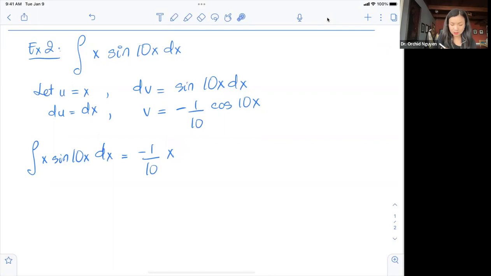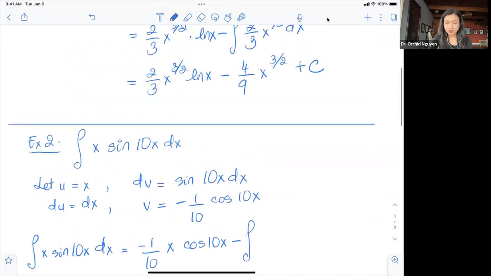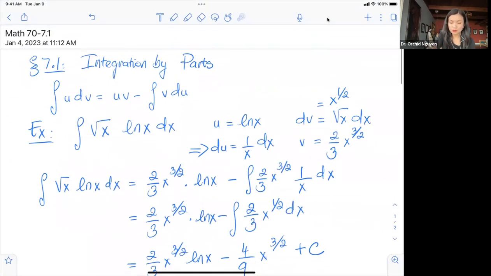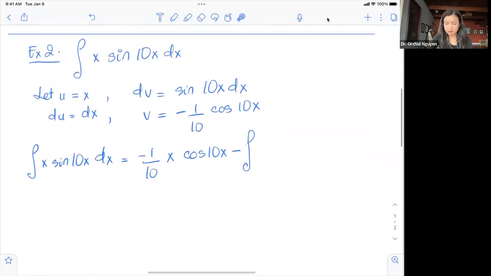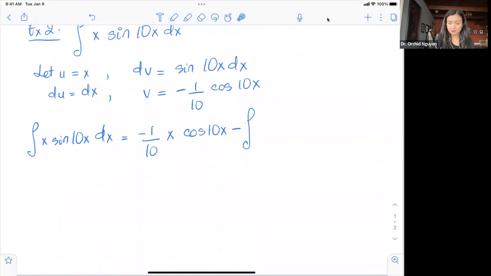That x right here is that u. Cosine of 10x minus the integral of v du. So I have v du.